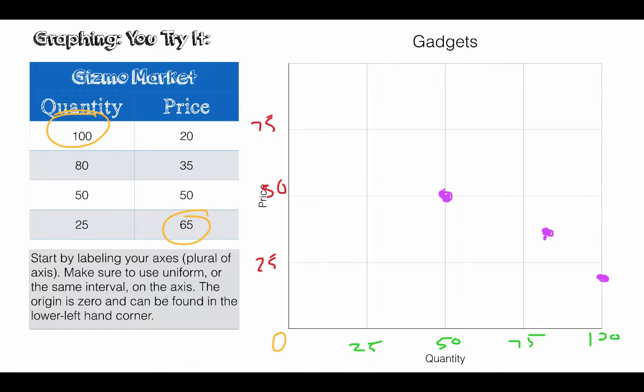And then at a quantity of 25, I will have the price of $65. So we'll put that right about there. And because it's demand, I know it's going to be pointing down and to the right. And there we are.